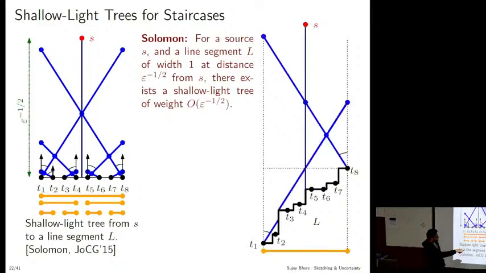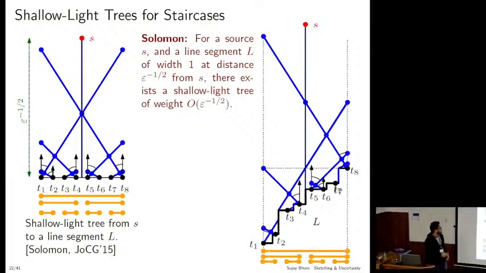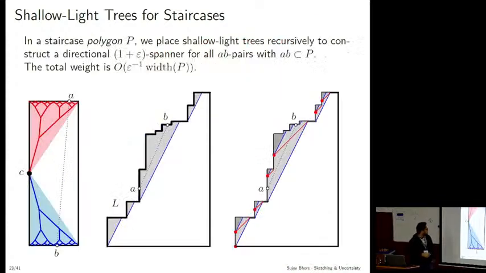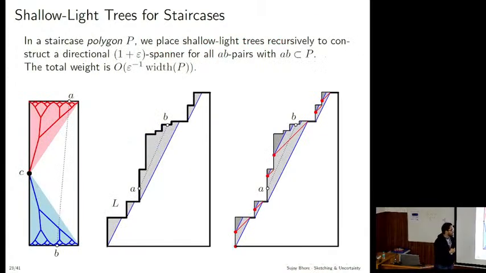Now this binary decomposition will actually intersect this. But the observation is that the vertical portion of this charging doesn't matter, because this will not affect the cost. And the horizontal portion of this charging, if you actually take the projection, is the same. It is exactly charging this baseline. So everything works out actually. So we can get a shallow light tree for this system in epsilon to the minus half plus L. So then let's come back to this idea.